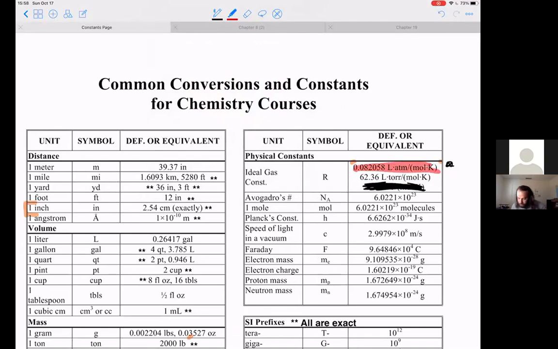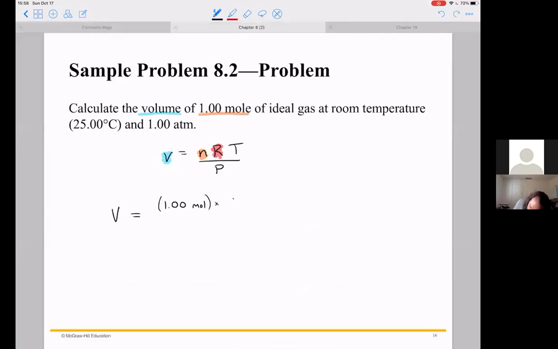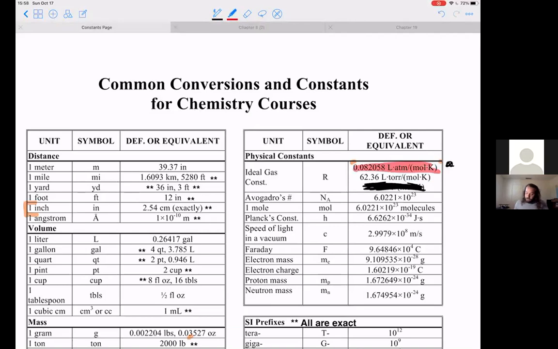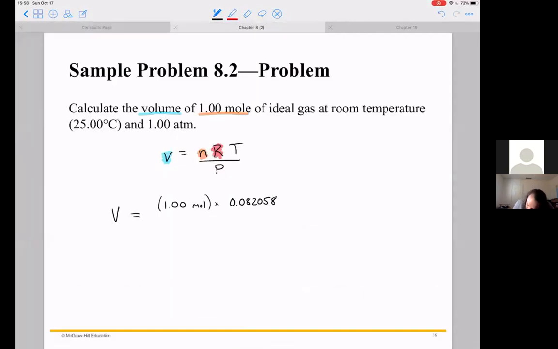So 0.082058. And then the units are liters times atm divided by moles Kelvin.